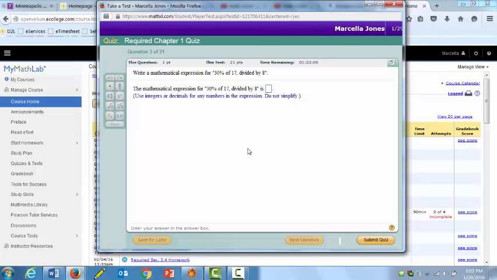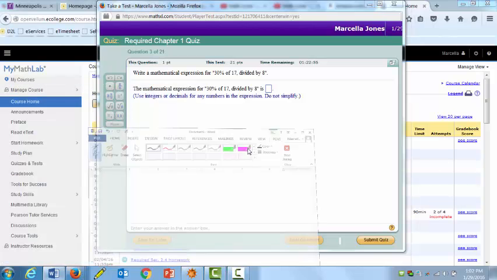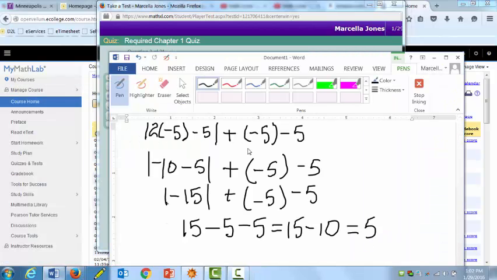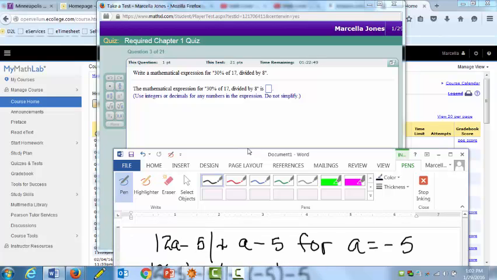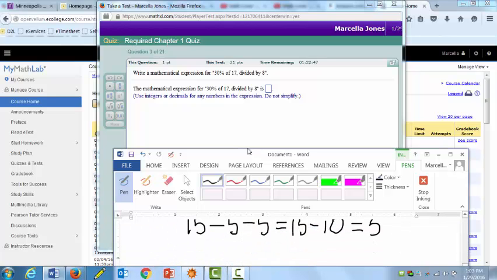All right, so when I enter an answer, 30% of 17 divided by 8. Let me pull up my paper again and keep working. So 30% of 17 means multiply 0.30 times 17.